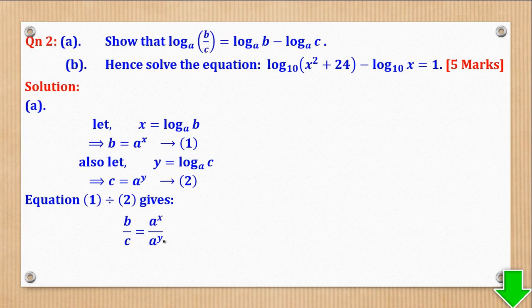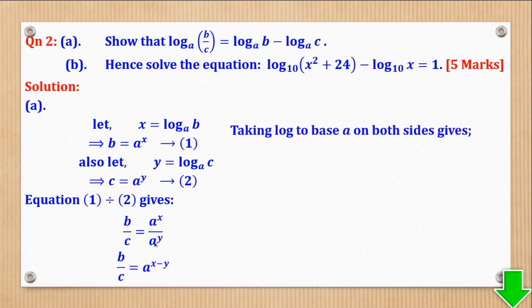Then I'll use the rules of indices, that when I'm dividing same base, I subtract the powers to give you this. And from there, I'll put log base a on both sides to give you that. Then this one can come here because it's a power.